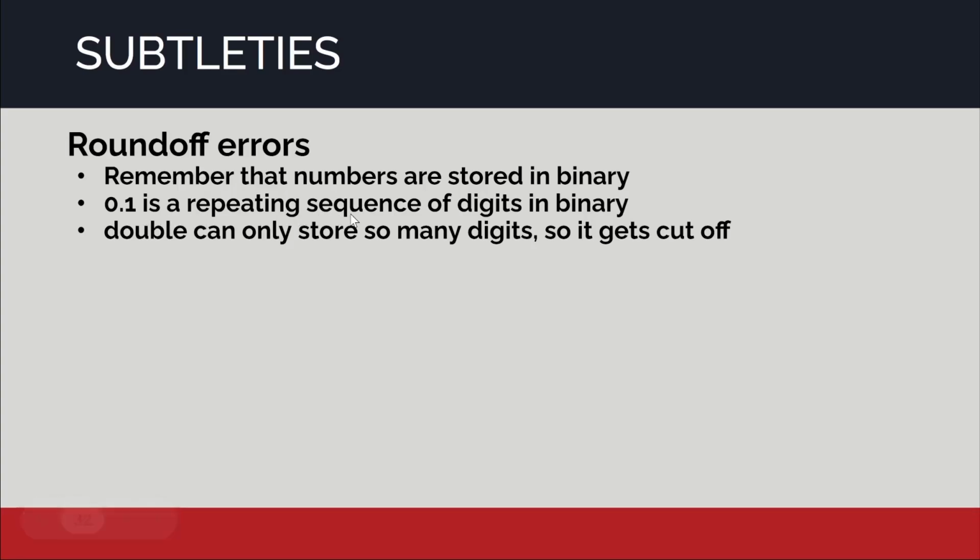Just like if you try to divide 1 by 3 in our numbering system, decimal or base 10, that would be 0.333 forever. It's a repeating sequence of digits. Well, the same thing happens with binary, and it just so happens that 0.1, if you translate it to a binary number, is a repeating sequence of digits forever. But a double has a fixed size. It doesn't have infinite memory size. So eventually those digits are just going to get cut off.